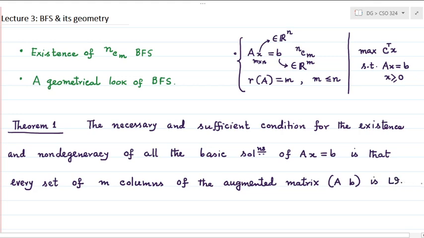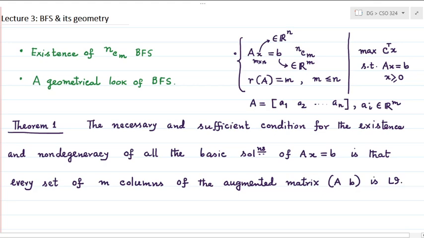Fine. So what does this result say? It says that if you find that every set of m columns of [A b] is linearly independent, then, note that the matrix A has precisely n columns, A1, A2, up to An, where each Ai is an m-vector, having m components.